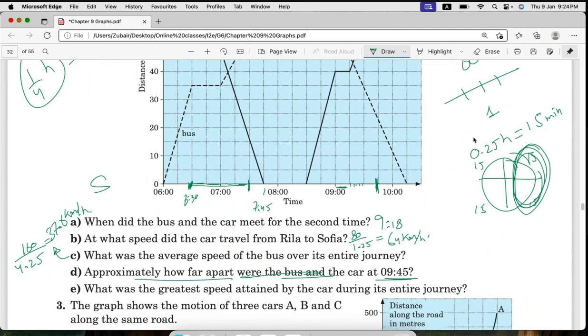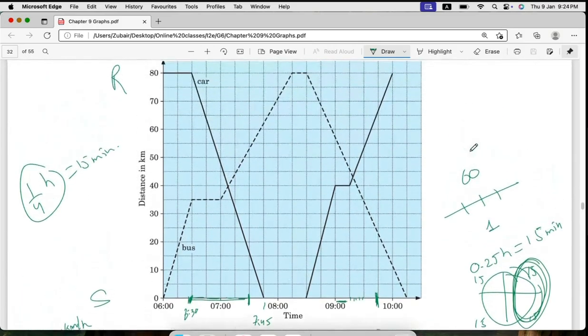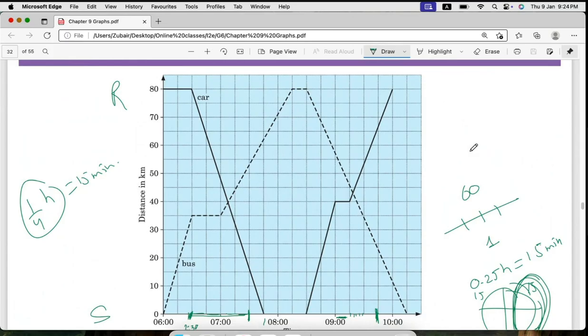How far apart are they from each other at 9:45? Can you show me the question? Approximately how far were the bus and the car at 9:45? At 9:45, 40 kilometers.